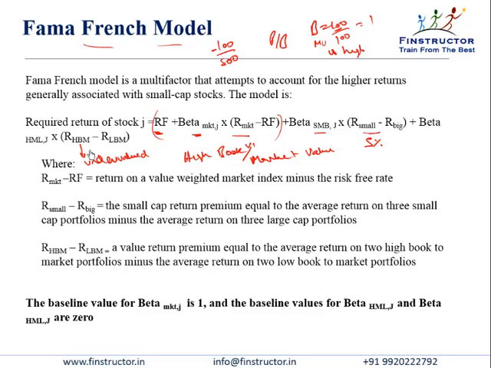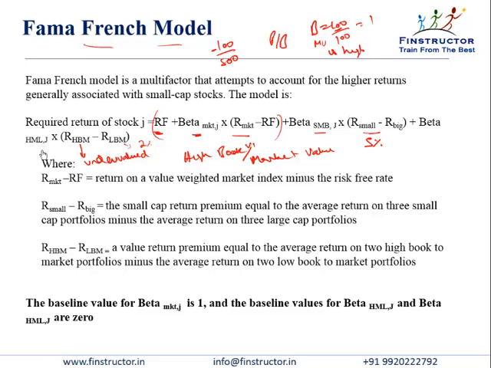So generally, for example, Pharma French found that undervalued companies outperform overvalued companies by 2%, or RHBM minus RLBM is 2%. So depending on whether you are an undervalued company, that is whether you have a high book to market value ratio, or whether you are an overvalued company, that is you have a low book to market value ratio, that will decide your beta.